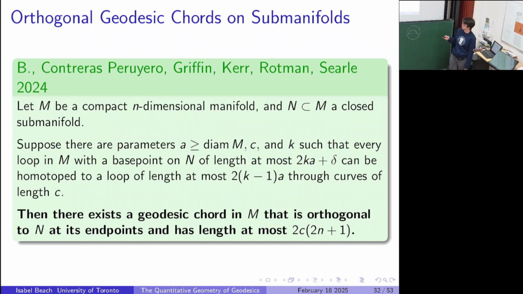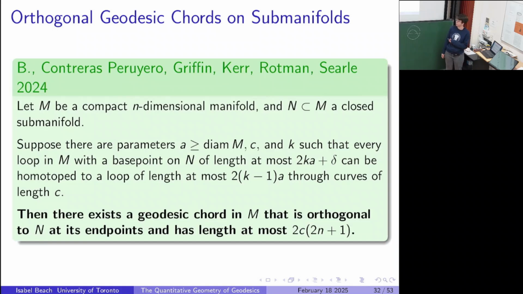So the technical thing, maybe I'll just say it out loud. We assume there are parameters A, at least as big as the diameter, and some other parameter C and some integer K, such that every loop in M that is based at a point on my submanifold, so every such loop of length at most 2kA plus delta for some small delta, can be homotoped to a smaller loop, which has length at most (2k-1)A plus delta, and that homotopy passes through curves of length at most C. If this is satisfied, then there exists a geodesic chord in M that is orthogonal to N at its endpoints, and has length at most 2C times (2n+1).